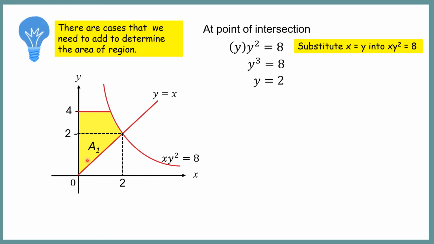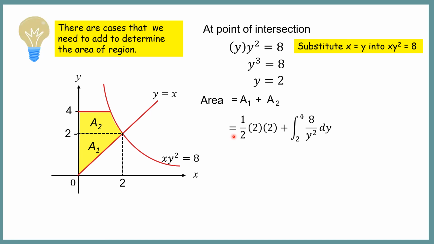Observe that the region is a right angle triangle. A2, the area bounded by the straight line y equal 2, the curve xy squared equal 8, y equal 4, and the y-axis. Thus, the area of the region is the sum of A1 and A2.